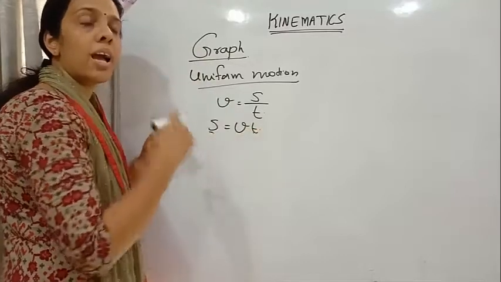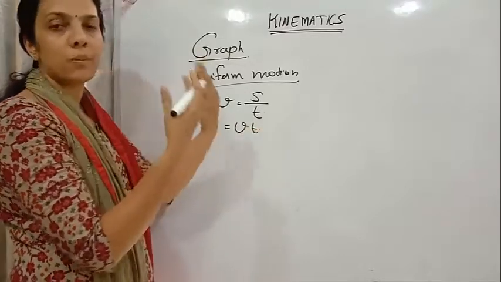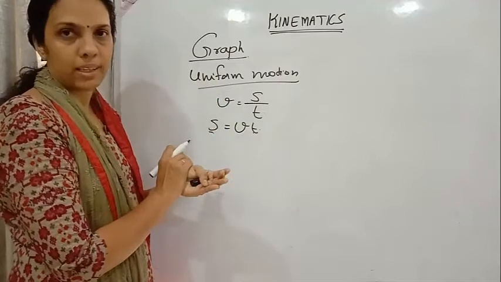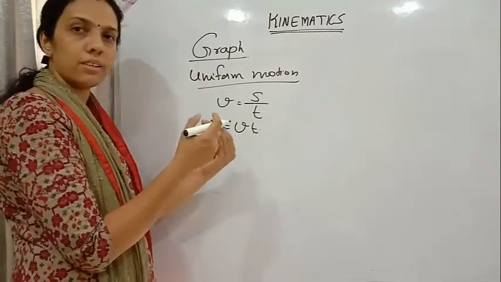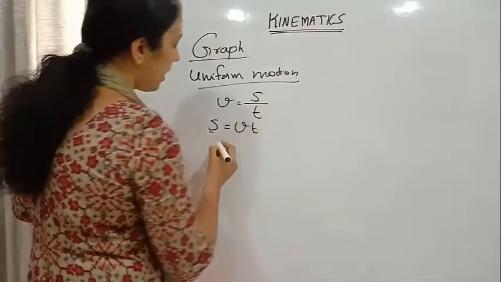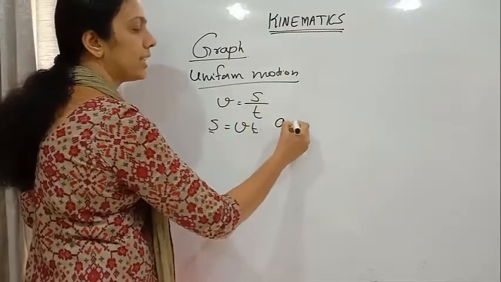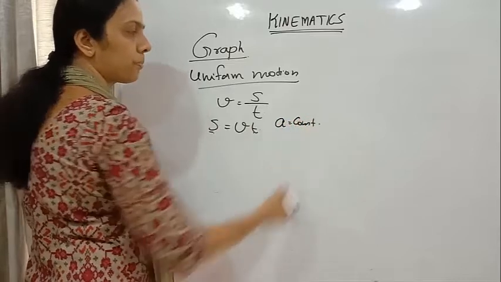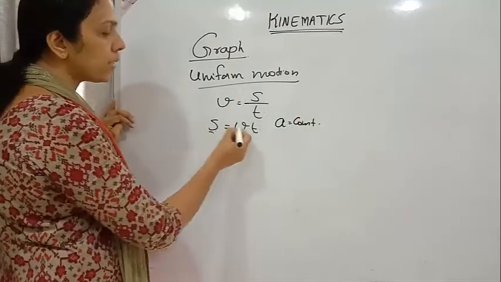Displacement and time are proportional, right? Since velocity is constant, as time increases, displacement also increases. If time decreases, displacement will decrease also. Now what about the acceleration? Acceleration will remain constant. So here S is equal to Vt.